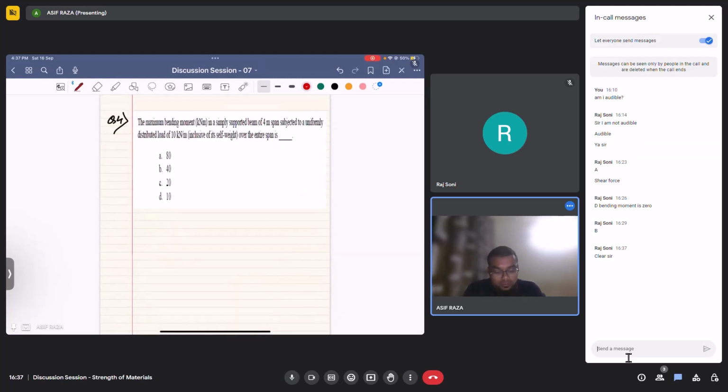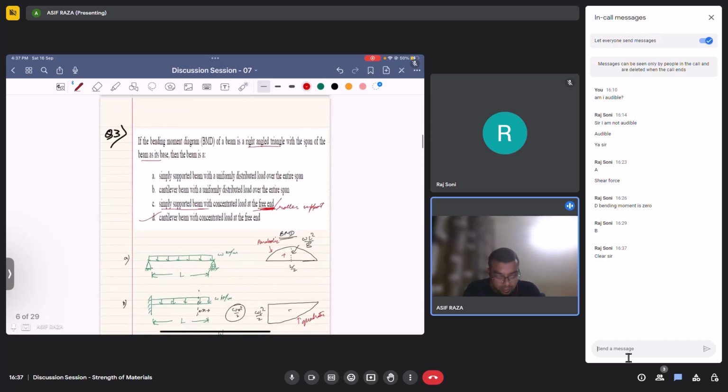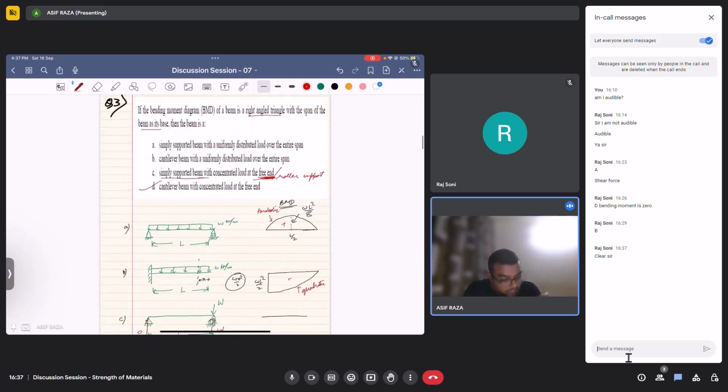So question 4: the maximum bending moment in kilonewton meter in a simply supported beam of 4 meter span subjected to a uniformly distributed load of 10 kilonewton per meter inclusive of its weight over the entire span is. I just told you about this regarding option A. This is the same thing which has been asked.